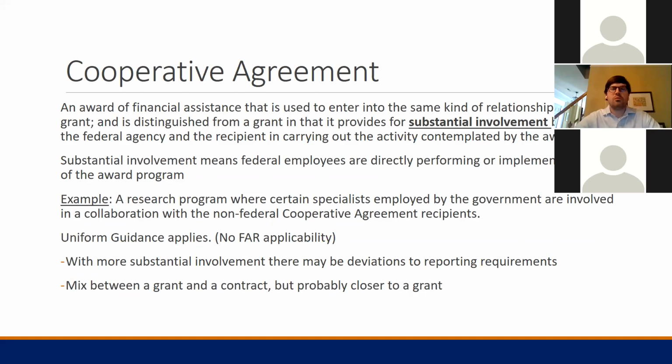You have a little bit more meat on the bone as far as what each party is going to be performing and the requirements that each party needs to meet. So as far as the underlying legal structure, it's again the same in that uniform guidance will apply, and there is no FAR applicability in a cooperative agreement.